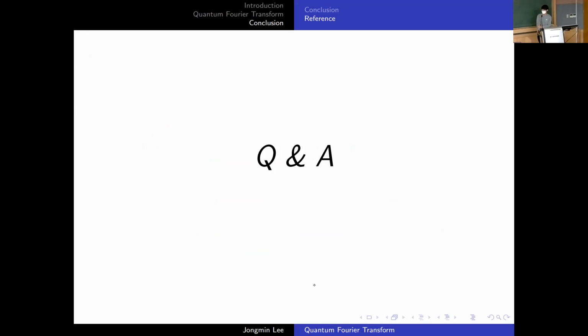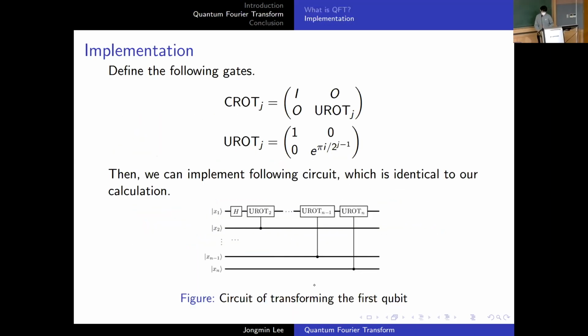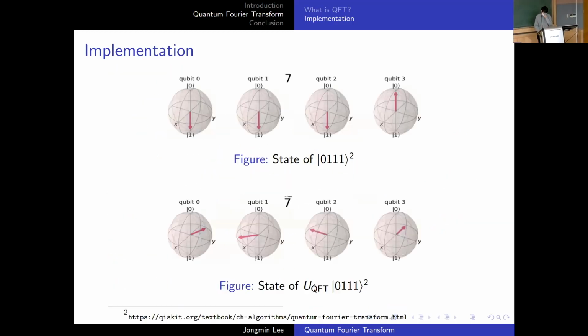What is the quantum property of this QFT method? Like, what is the speed up? Since any qubit system has 2 to the n basis states, it has an exponential number of degrees of freedom.